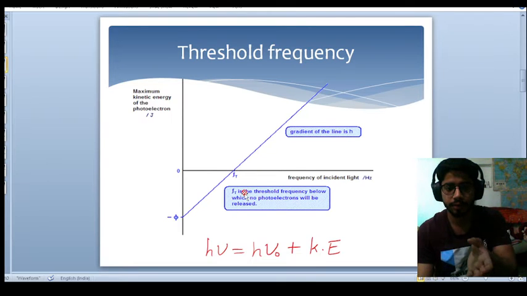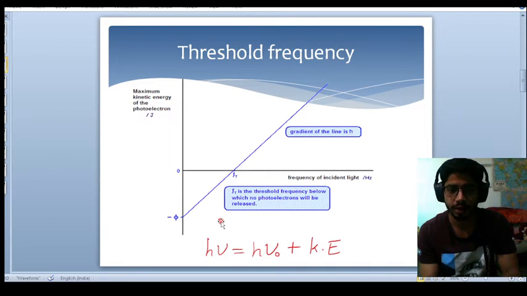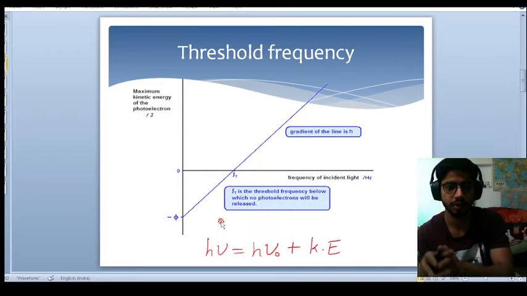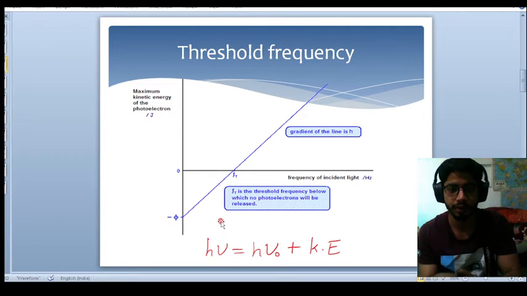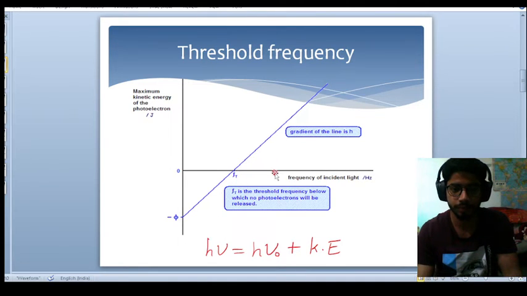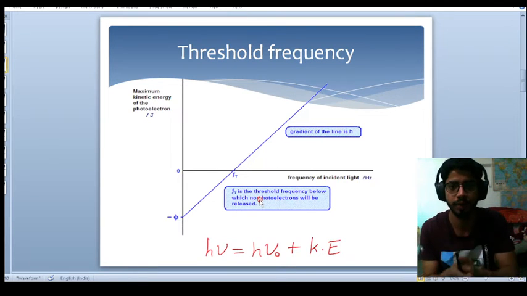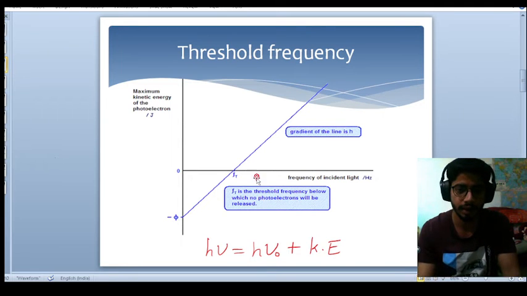My next question is: will any frequency of light that we incident on the metallic surface emit electrons? Yes, we have to provide a certain minimum threshold frequency so that the electrons from the metallic surface can eject.